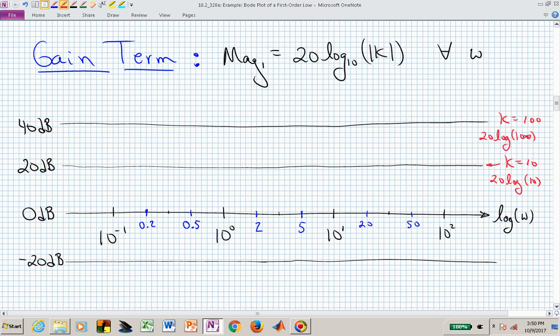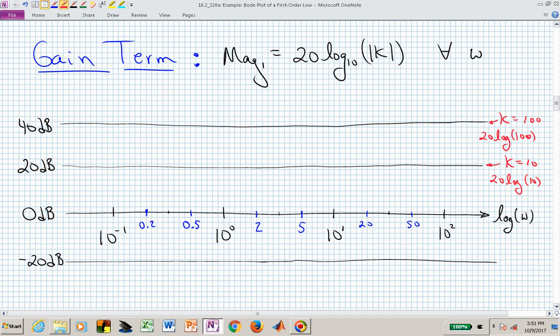The log of 100 is 2, and so now we have 2 times 20, or 40 dB. So you can see then that because we're sketching this in dB, there's the possibility of having a very large value, K, collapsed into a fairly small vertical distance.